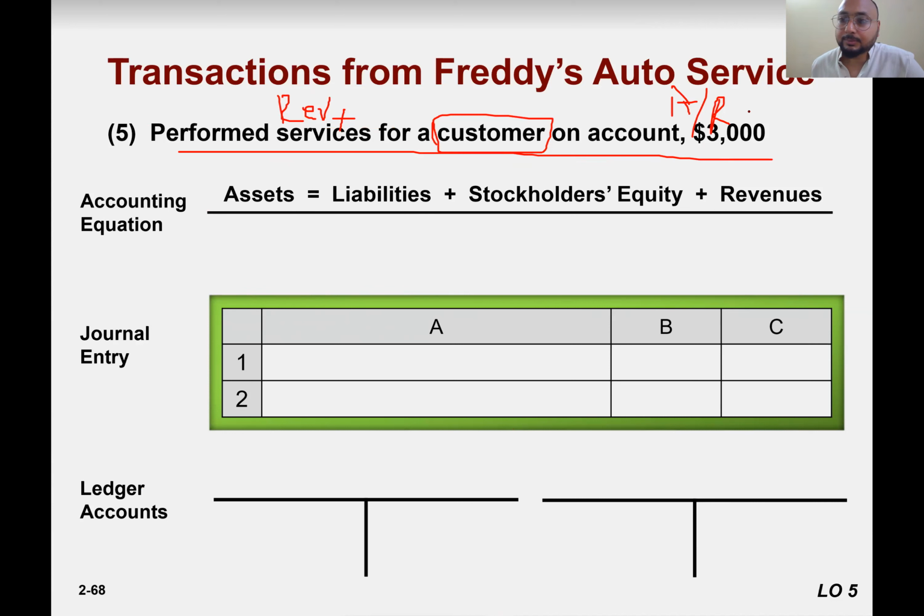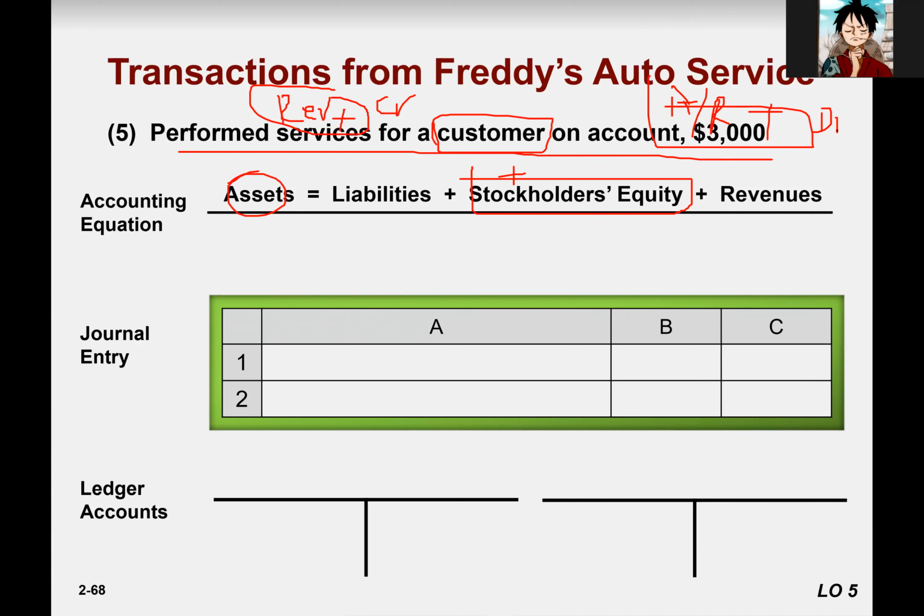So revenue belongs to shareholder equity, right? Revenue increase means? Increase credit. Well done, credit. Accounts receivable belongs to asset. Asset increase means? Debit. Debit, well done. And how do you say the entry?